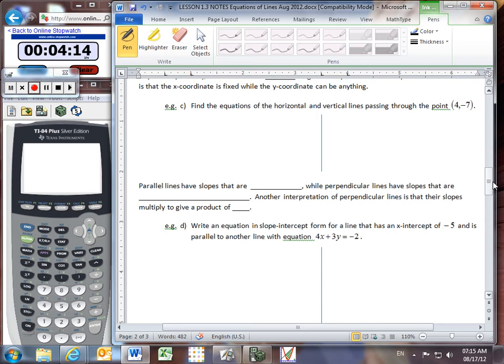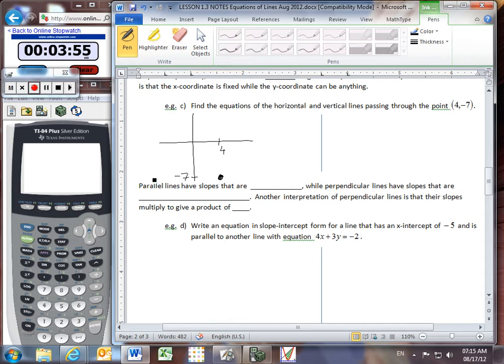Alright, here's an example. Let's find the equations of the horizontal and vertical lines that pass through the point 4, -7. I'll draw a quick sketch of what's happening here. And so if you imagine your point 4, -7 right here.